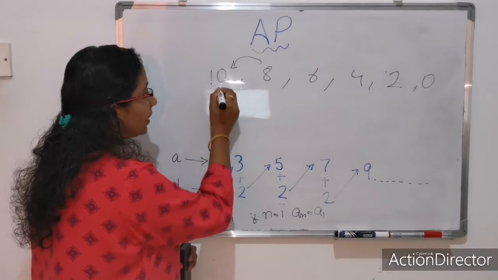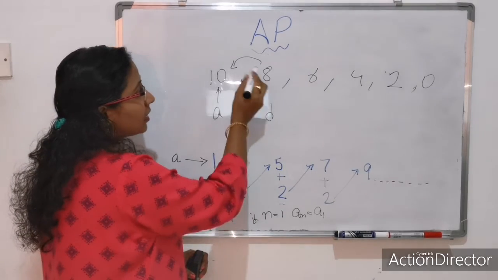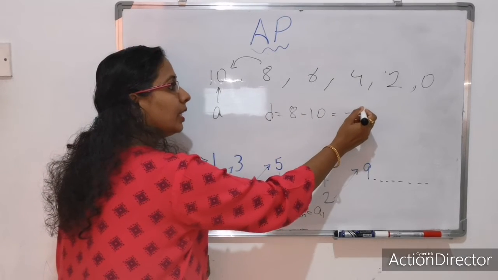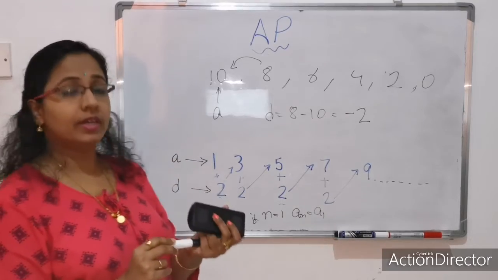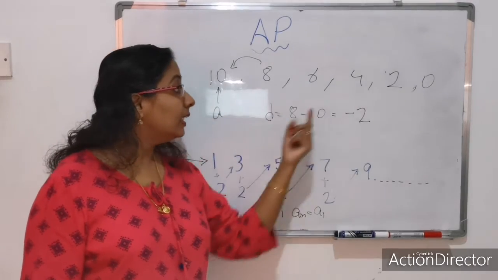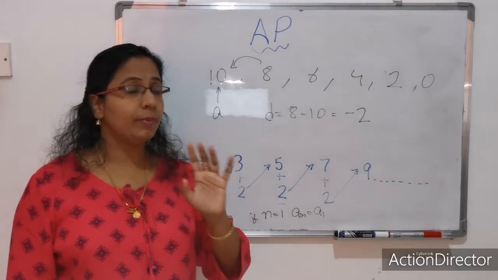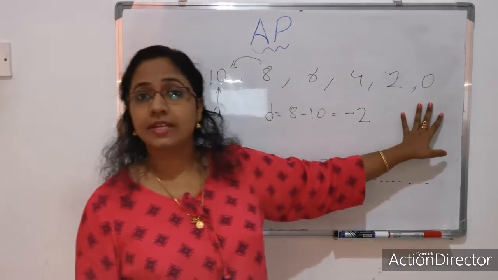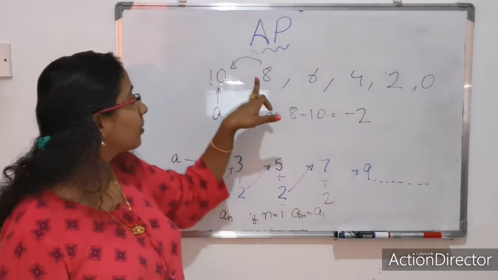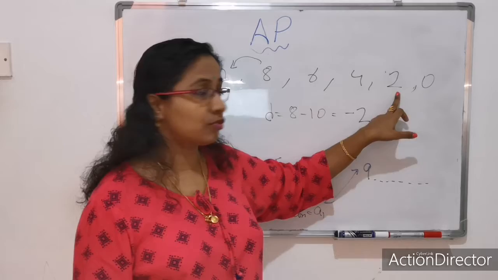This becomes the first term, that is A. Now the difference D equals 8 minus 10, that is minus 2. It means if an AP is in descending order, the difference will be negative. Keep in mind, it always becomes negative, because 8 minus 10, 6 minus 8, 4 minus 6, 2 minus 4 and 0 minus 2.